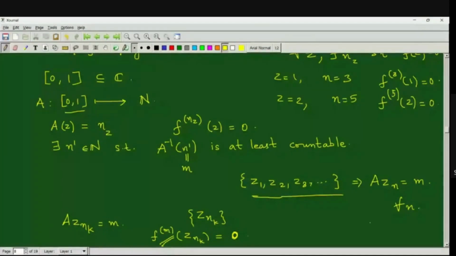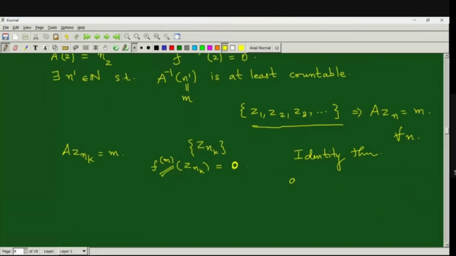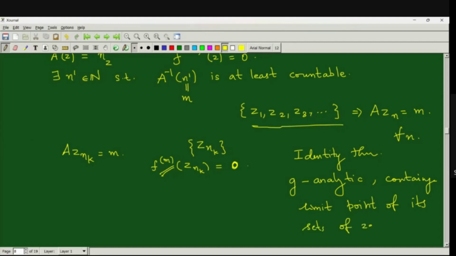No. You know the identity theorem? So if G is analytic and contains a limit point of its set of zeros, then G is identically 0.